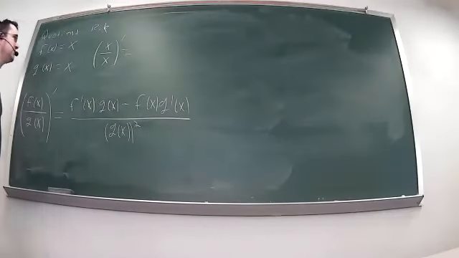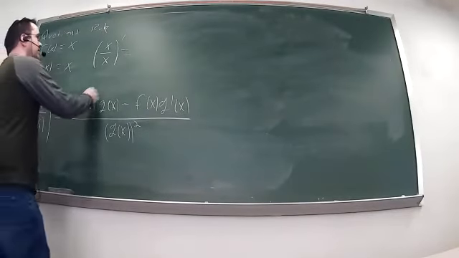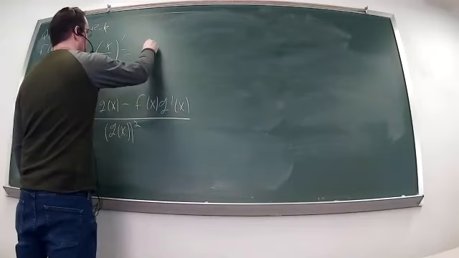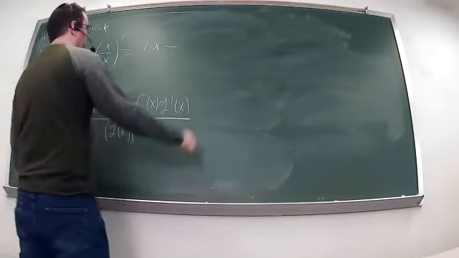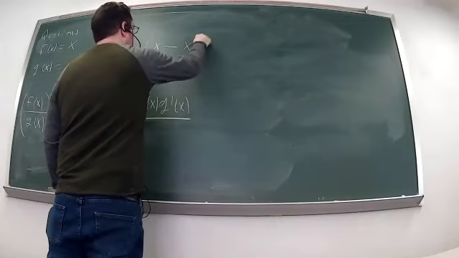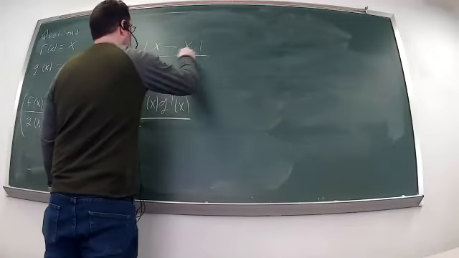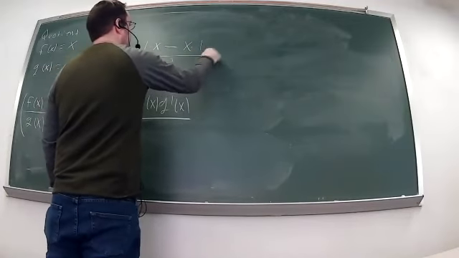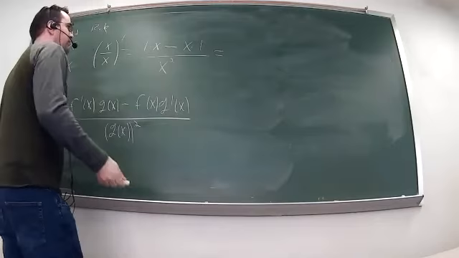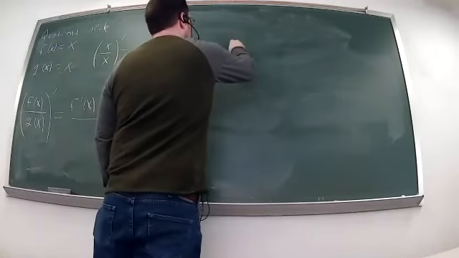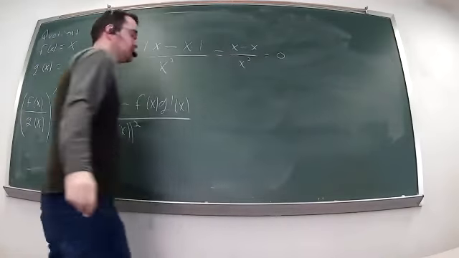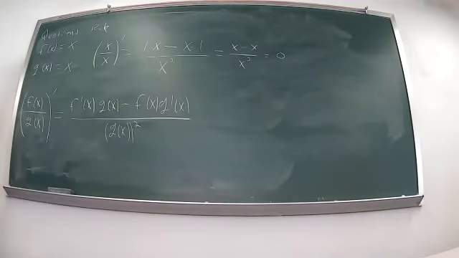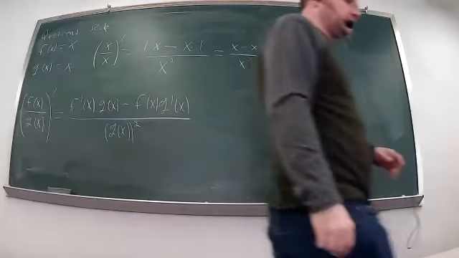The derivative of x over x is going to be the derivative of f, that's 1, times g, that's x, minus f, which is x, times the derivative of x, which is 1, everything divided by x squared. So you can see where this is going. This is just x minus x over x squared, which is 0 as expected. So the quotient rule is performing in a way that we would like.